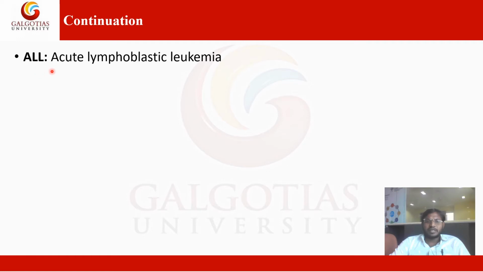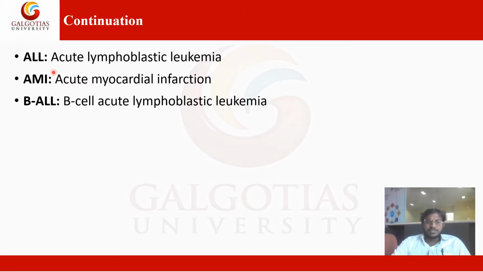They write ALL. And the next one, AMI: acute myocardial infarction. This is a disease related to the heart. Simply they write AMI. Next one, B-ALL: B cell acute lymphoblastic leukemia.